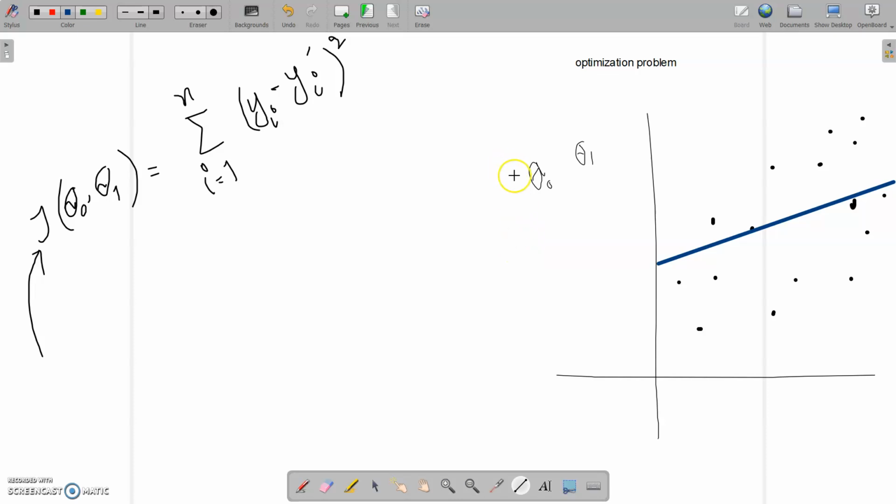For the first iteration you get a value, J1, but it is not good. So you have to change your theta 0 and theta 1. In the second iteration you change it and it becomes like this.